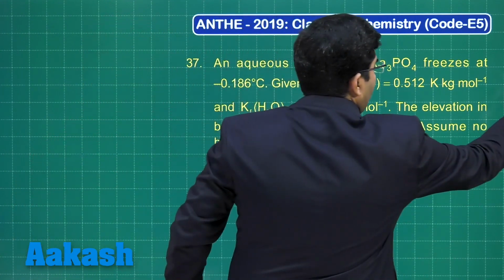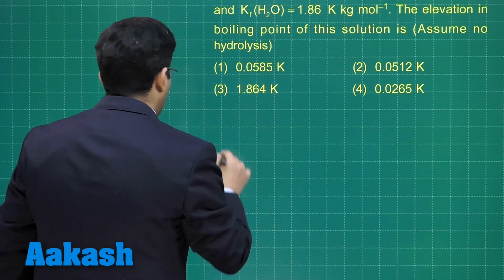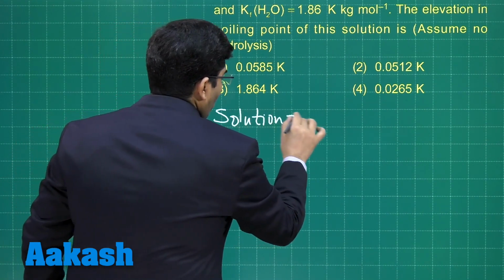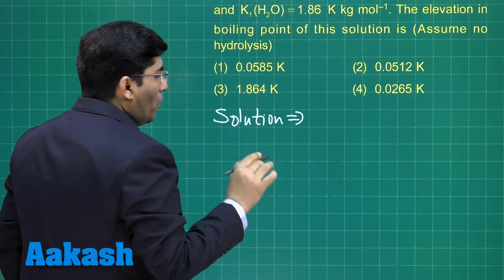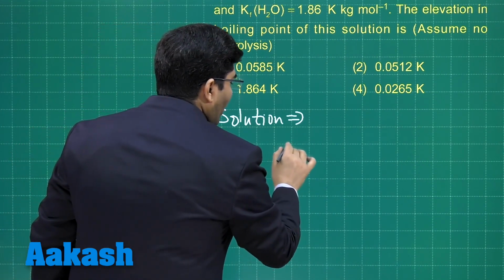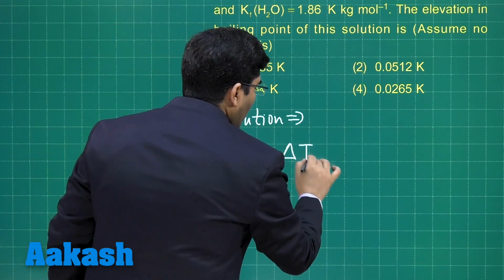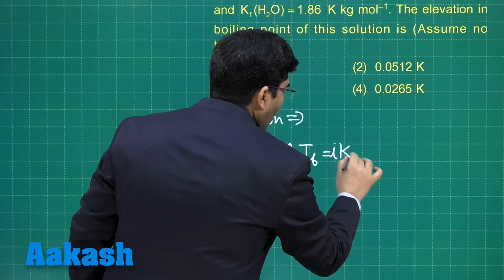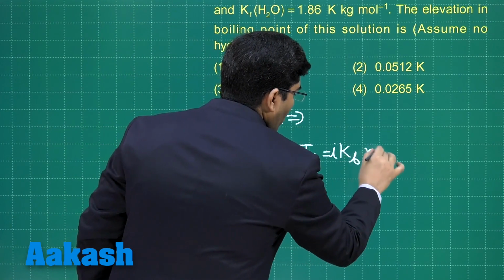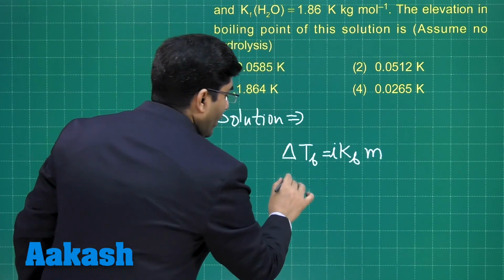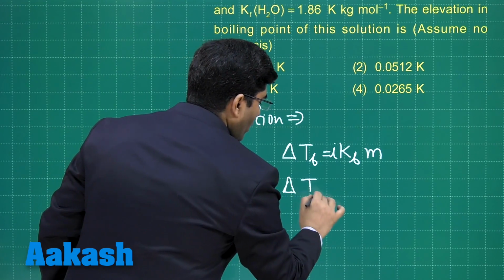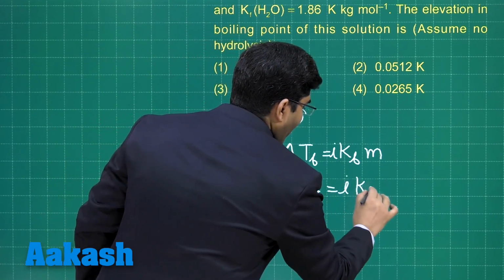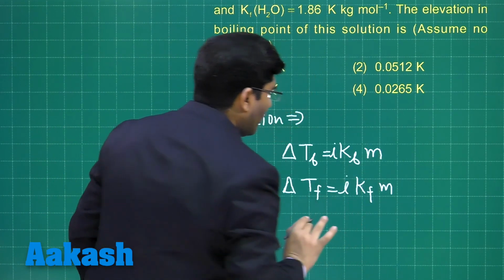So the solution will be, now we know that for elevation in boiling point, delta Tb is equal to i Kb into m, and delta Tf is equal to i Kf into m.